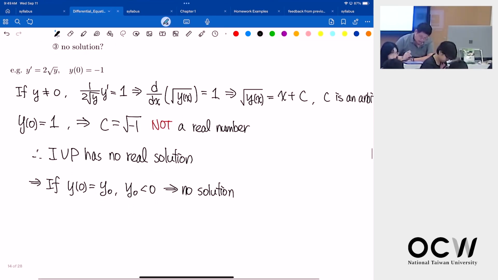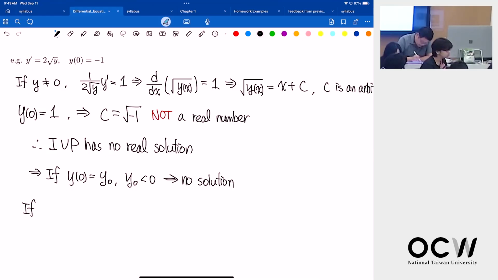And how about initial condition y of 2 equals 0? Then we get y equals 0, a trivial solution.